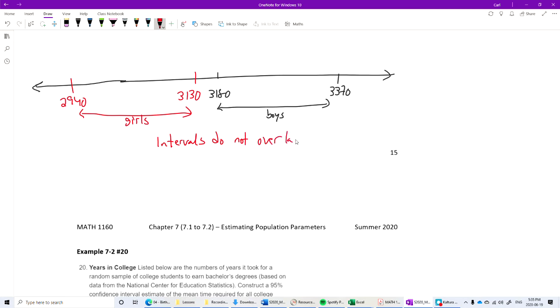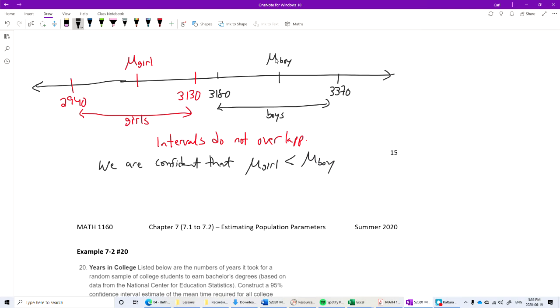So what that means is that the mean, our best estimate of the girls' weights, let's call that mu girl, is within its own interval, and the best estimate of the boys is in its own interval. So informally speaking, we can say that we are confident that mu girl is going to be less than mu boy.